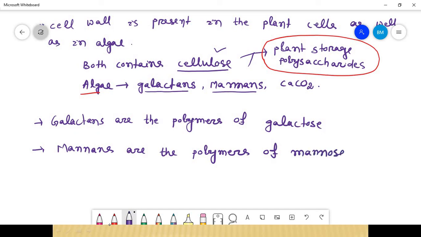I hope it is clear now. Galactose and mannose.